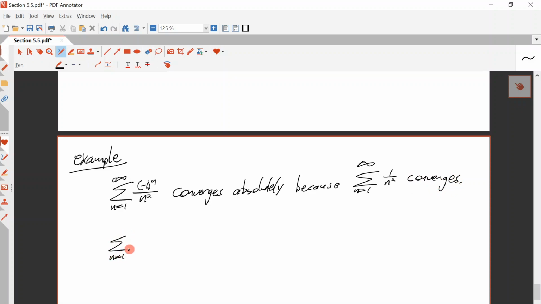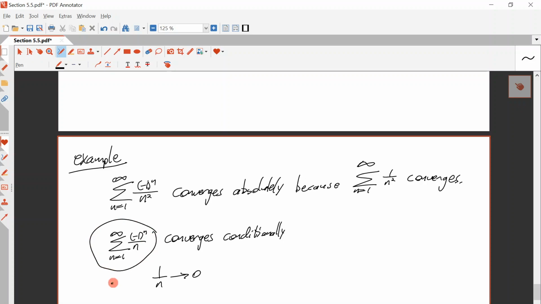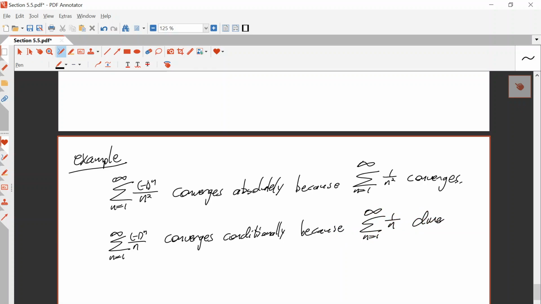The sum n equals 1 to infinity of (minus 1) to the n over n itself, that converges conditionally. Right? 1 over n goes to 0, and that's an alternating series, and it's decreasing. So the alternating series test says that that converges. This converges conditionally because the series of positive terms, just 1 over n, diverges.